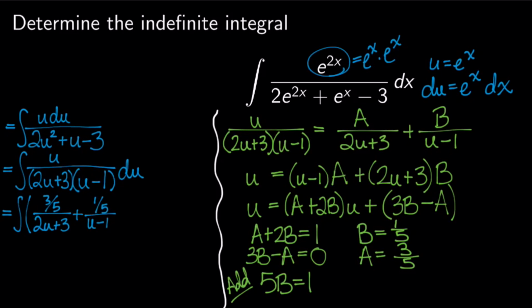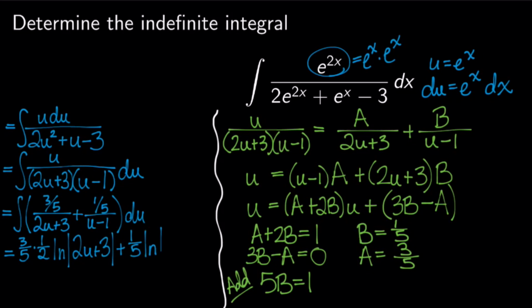Now, I am done with the partial fraction decomposition. I go back to my problem, and I rewrite my rational expression as these two other rational expressions with the A and the B where they should be. And this is fantastic because both of these are actually ln type derivatives. They can both be integrated easily. And so I'm going to do a whole bunch of work at once. So there's my 3/5.